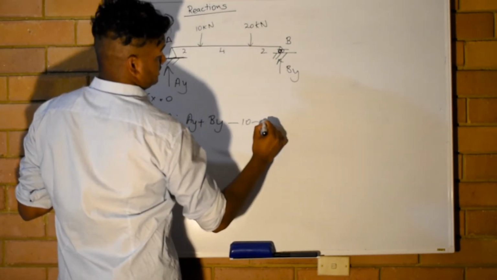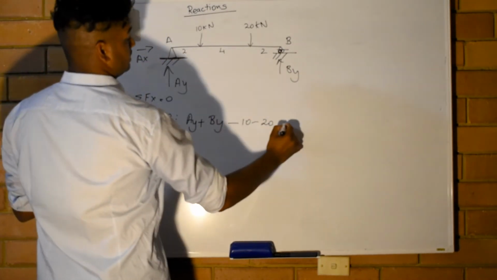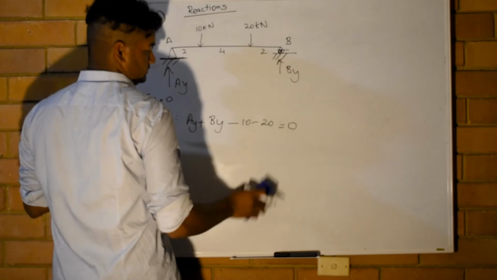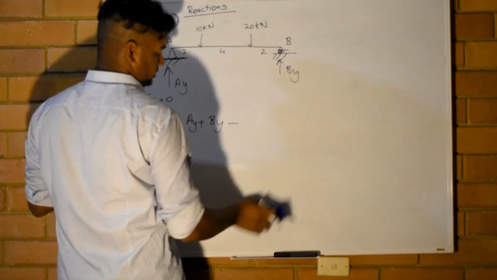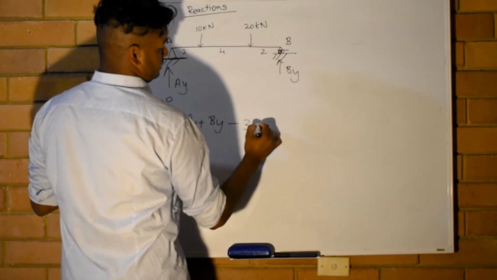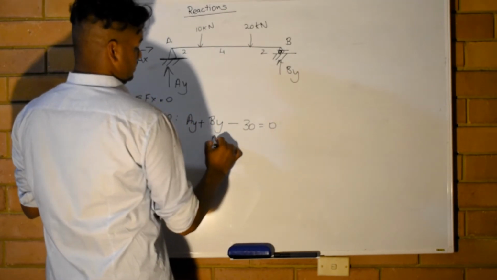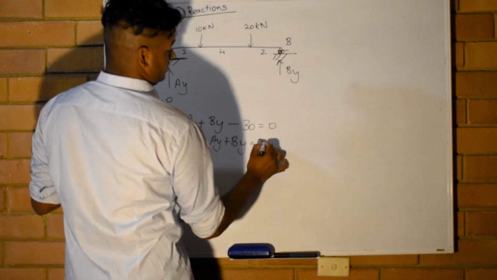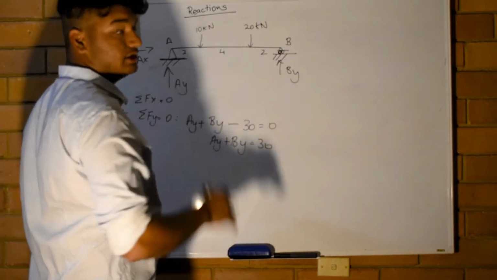I'm just going to write this because some people might not understand what I'm doing, and that is just 30, so I'm going to write 30 equals 0, so now we know that AY plus BY equals 30.